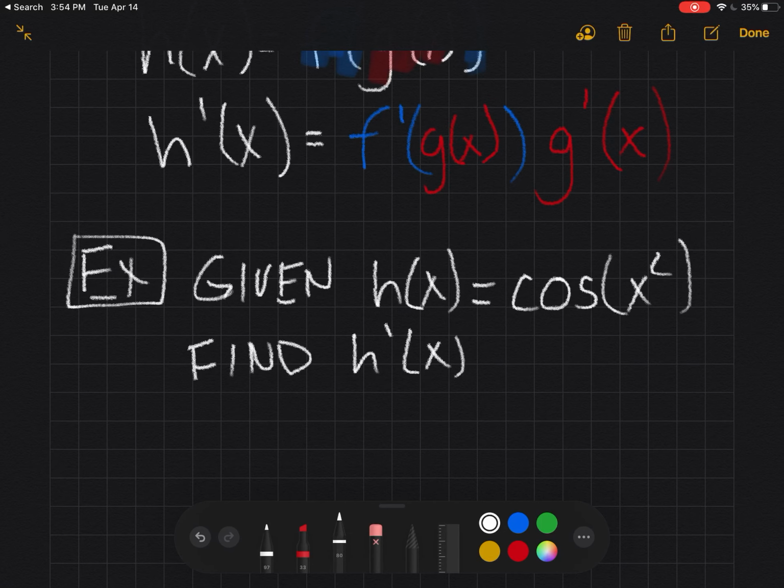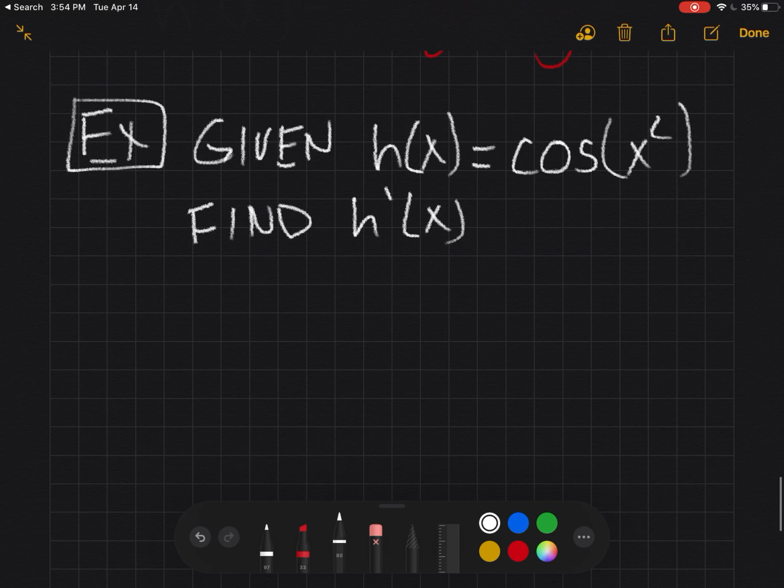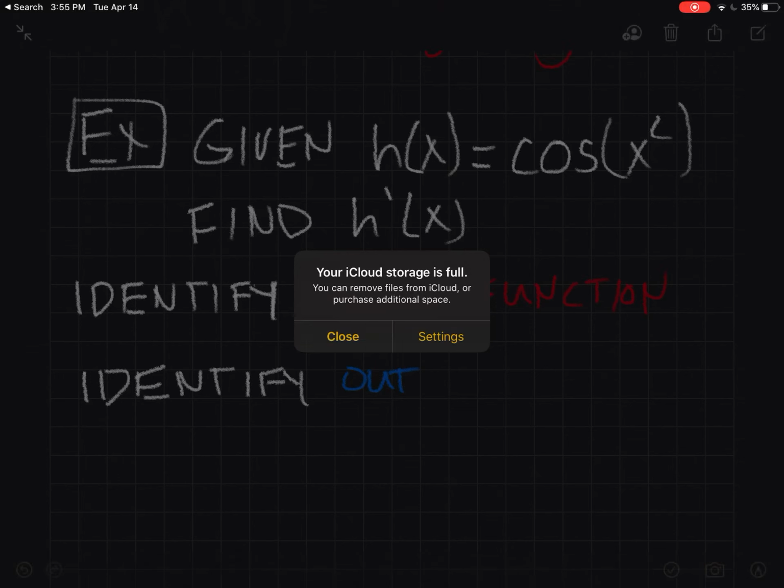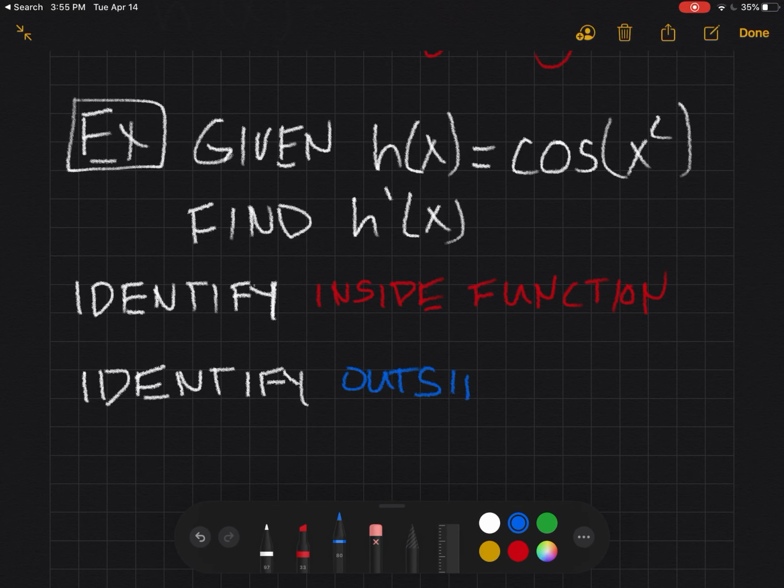Given h of x equals the cosine of x squared, we want to find h prime of x. So I would say our first step is to identify the inside function.